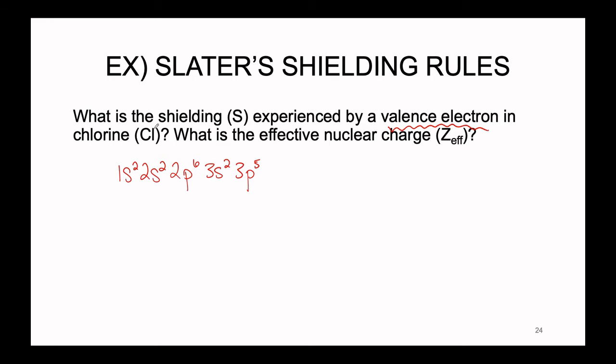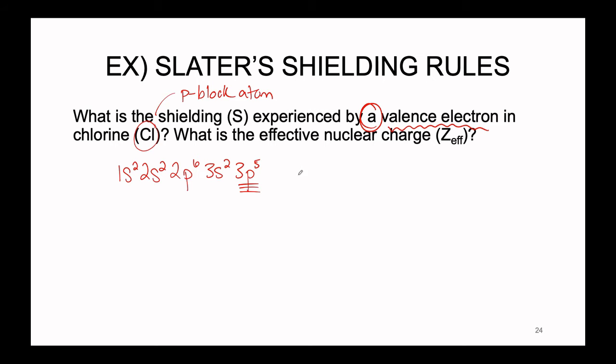Since chlorine is a p block atom, meaning that it's an element found in the p block of the periodic table, we are going to be most concerned with that outermost, not only valence shell, but also subshell. We're going to be paying attention to the 3p orbital and its 5 electrons. Now, if we want to calculate the shielding just for a valence electron, we're going to pick out one of these electrons to be the electron that we want to pay the most attention to.